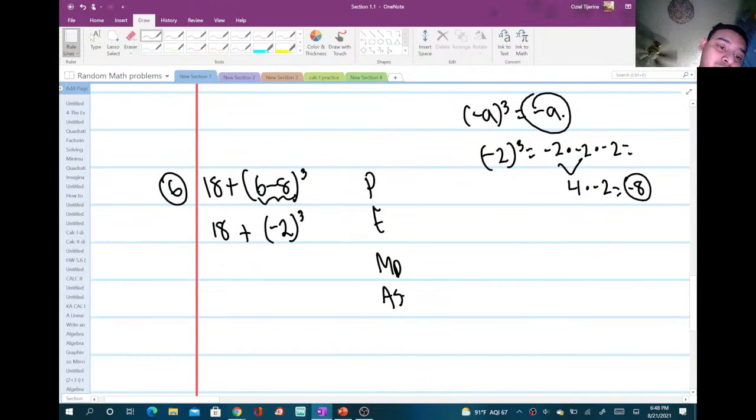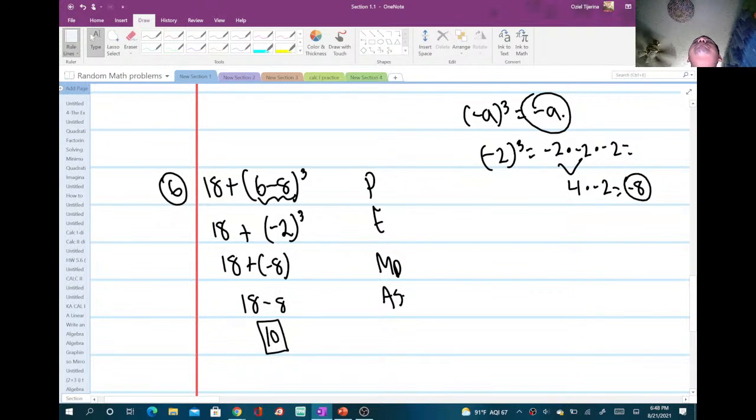Okay, so this is really 18 plus negative 8, which is 18 minus 8, which is 10. Okay, and that is how you do that part.